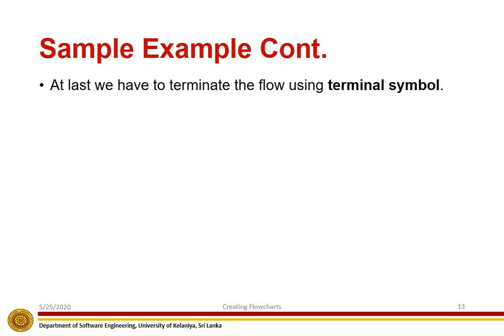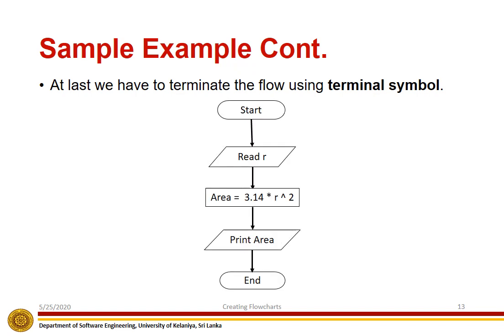At last we need to terminate the flow using the terminal symbol. It also has to connect to the parallelogram by an arrow. So first we start, then read radius r, then calculate the area by area = 3.14 * r^2, then print the area and end.